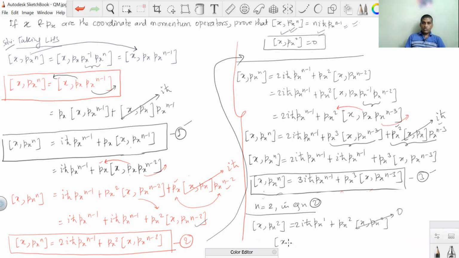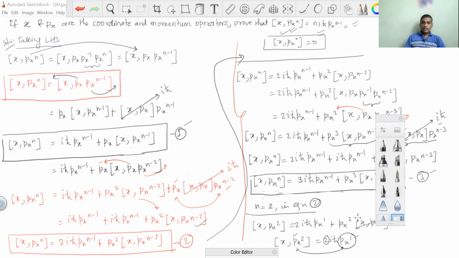So we can write the commutator of x, px square equals 2 I h bar px power 1. So we are getting n equals 2 on right hand side, and if we compare the power of px on left hand side and on right hand side, we find the power of px on right hand side is reduced by the amount 1. Clear?